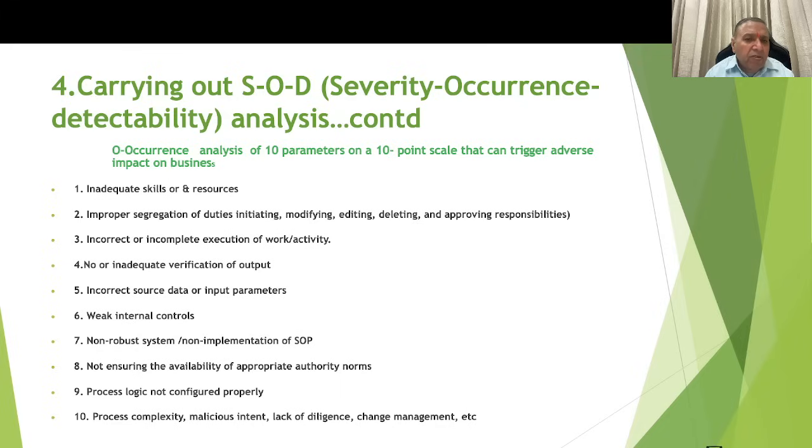Incorrect or incomplete execution of the work activity, no or inadequate verification of the output, incorrect source data, weak internal controls, non-robust systems, process logic not being configured properly, and process complexity, etc. Any combination of these parameters can contribute to the triggering of the adverse impact on the business.